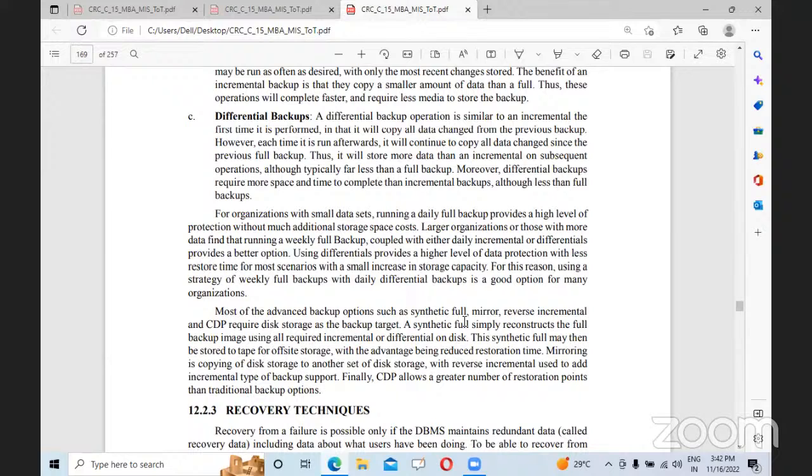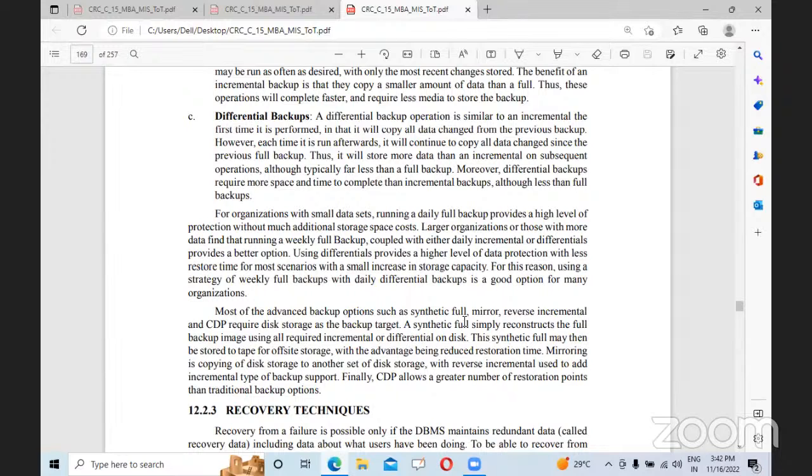However, each time it is run afterwards, it will continue to copy all data changed since the previous full backup. Thus, it stores more data than an incremental on subsequent operations, although typically far less than a full backup. Moreover, differential backups require more space and time to complete than incremental backups, although less than full backups.